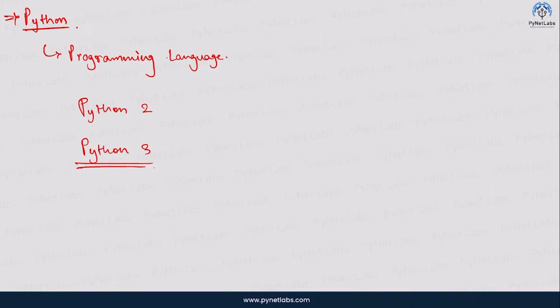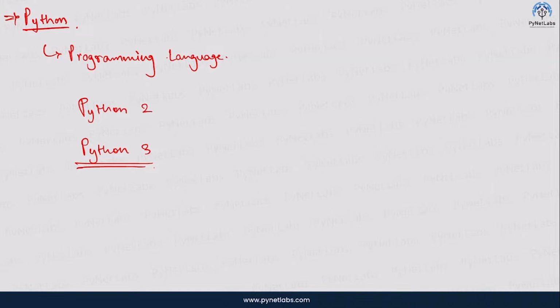All of the tasks which you do on your PC are somewhere being supported by some program which is written in some programming language. Now, this programming language can be Python, Java, C++, Perl, Ruby, and so on. There are various other programming languages.